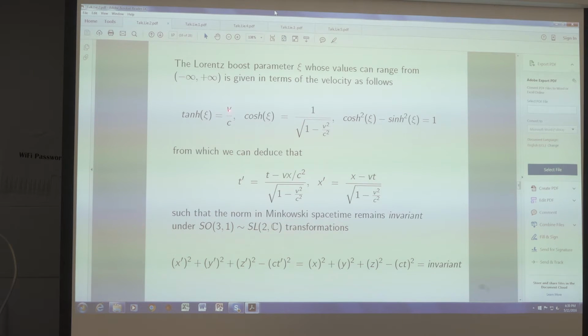We only attain this limit when the hyperbolic tangent becomes 1, and so therefore the boost parameter becomes infinite. When the boost parameter is infinite, the hyperbolic tangent becomes 1, and so the velocity is plus c. When the boost parameter is negative infinity, the hyperbolic tangent is -1, so the velocity is minus c. So you can move in the positive direction or in the negative direction.